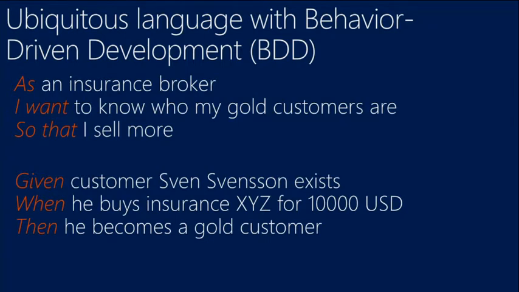A few more words, by the way. Maybe you noticed that I had very concrete words here in the scenario or in the example, like Sven Svensson or a certain amount. Maybe you've noticed in the past that when you are showing some user interface prototype, for example, for the clients, they would tell you that, well, in the prototype you said that we are selling to Volvo. We have never done that.